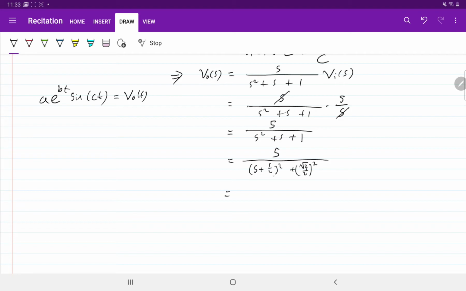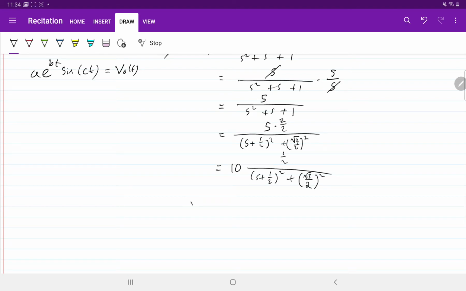Since we have 5, and 5 is 5 times 1, and 1 is 2 over 2, you have 10 over 2 times (S plus 1 half squared plus square root of 3 times 1 half squared).